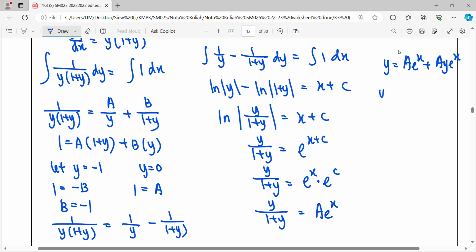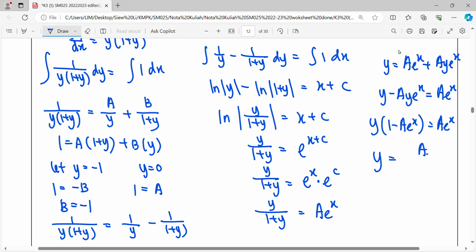Then we collect back our y terms and factorize the y. The coefficient here, we move back to the right hand side, and it becomes division. Therefore, this is our general solution, simplified until y is the subject, not y over 1 plus y or y inside a function. So this one is not simplified yet.